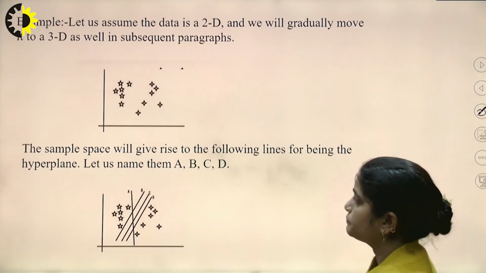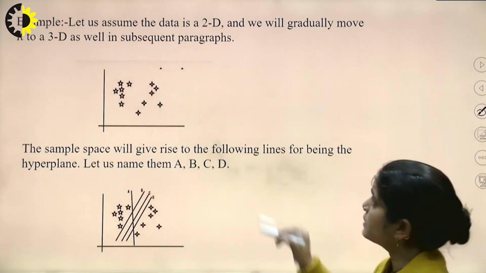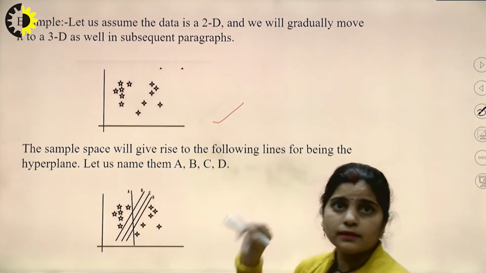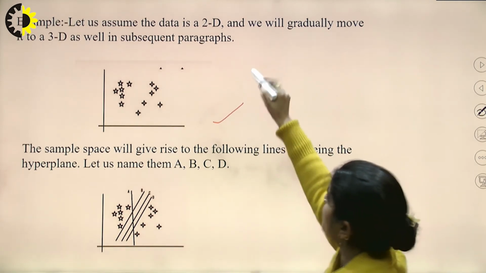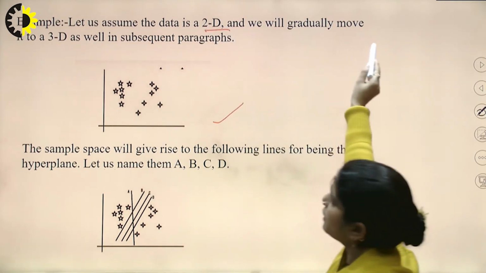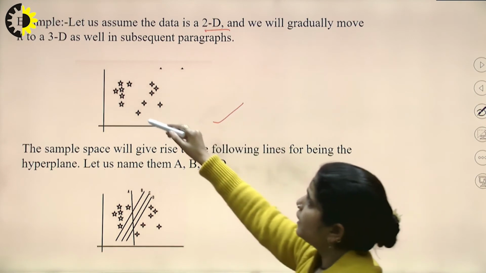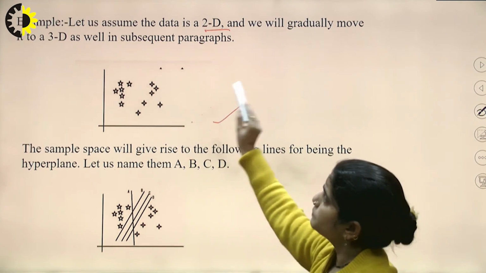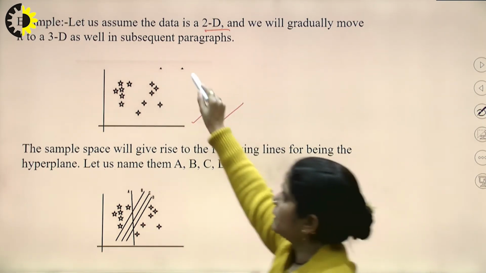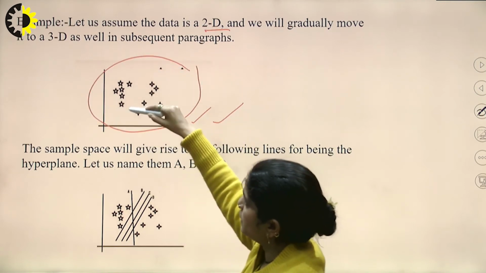Next, in the given example, we are assuming the data is two-dimensional, and we gradually move on to 3D in the subsequent data. In the given graph, there are two kinds of data.